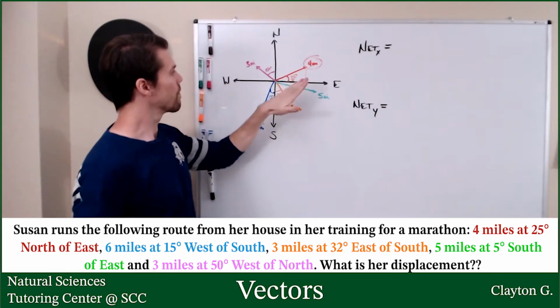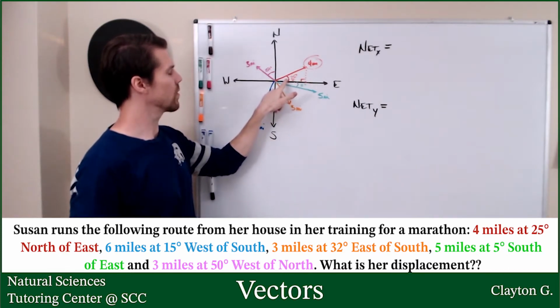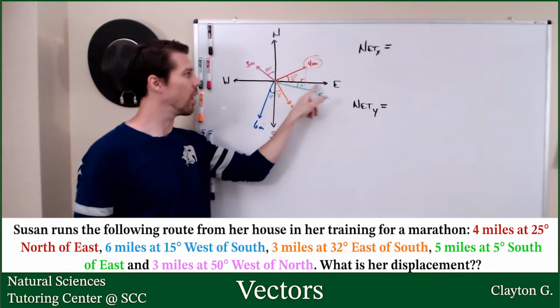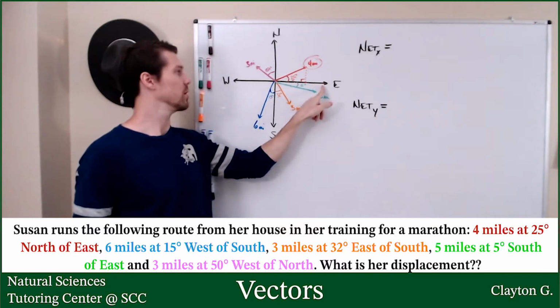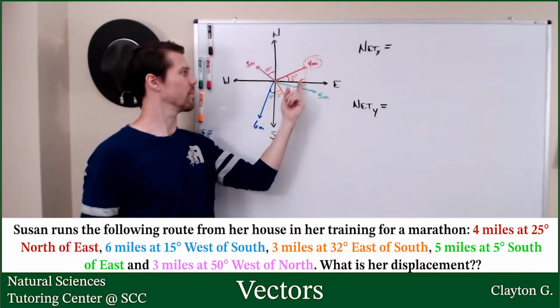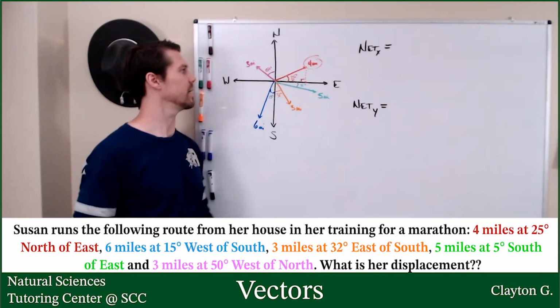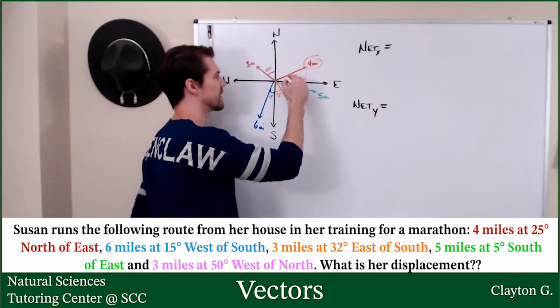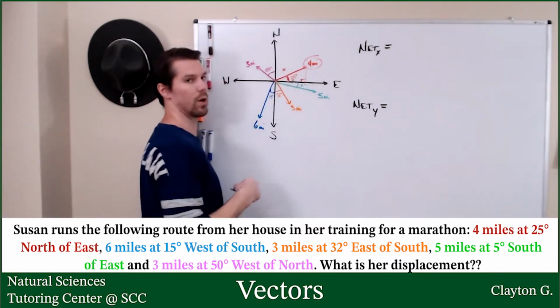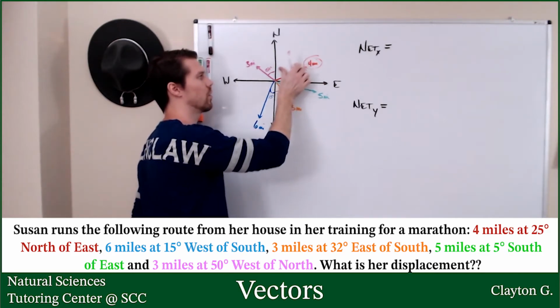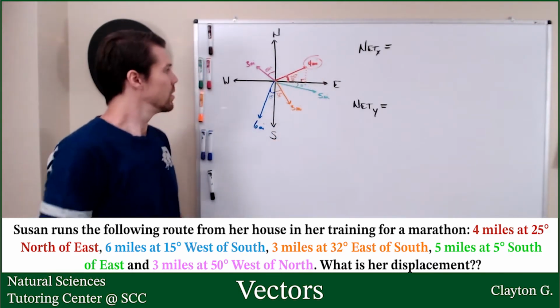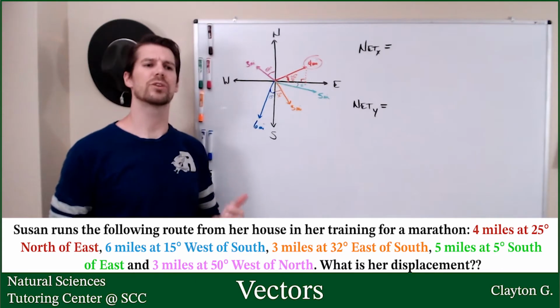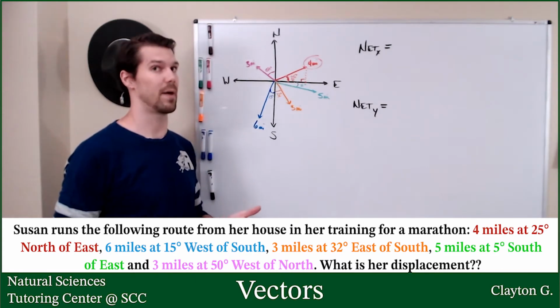So I want to make sure this angle is north of or from east. So if I go east, take north from there, that covers this area in here. That's this guy and not this one up here. We don't care about that angle. It wasn't described to us. So that's one thing just to make sure that we're being diligent about.